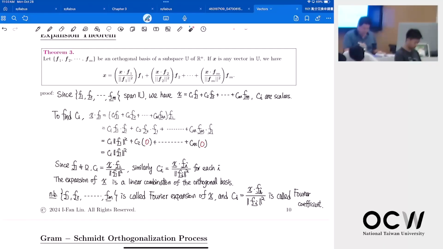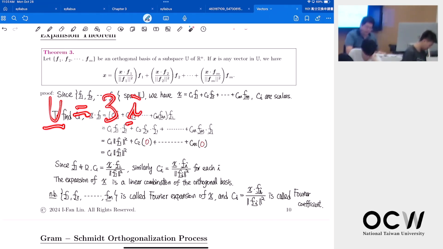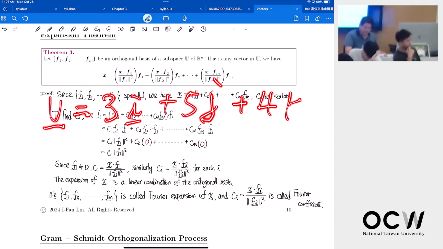If you are not quite sure about this theory, just remember my example. I have a vector, for 3 dimensions, 3i plus 5j plus 4k. I can express the vector with the linear combination of your orthogonal bases i, j, k.